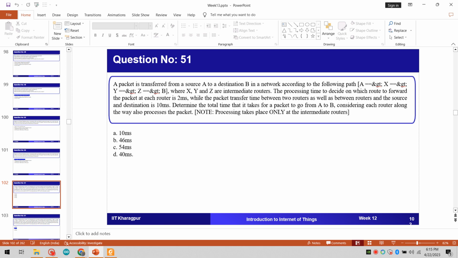So you have to calculate the total time for a packet to go.